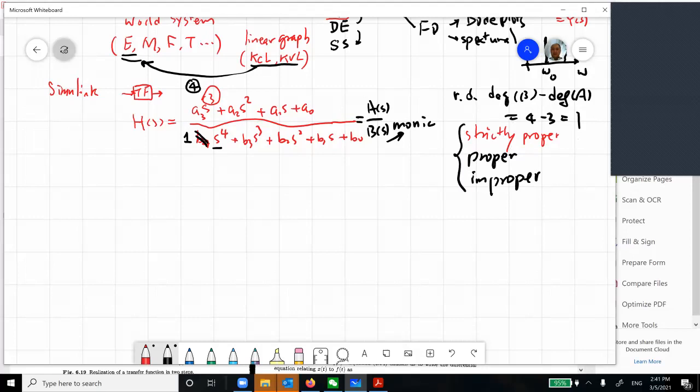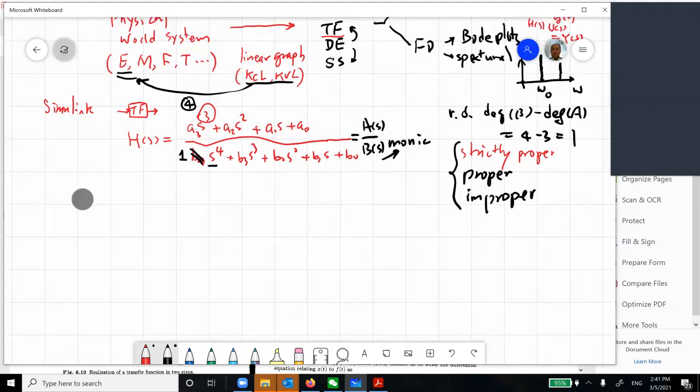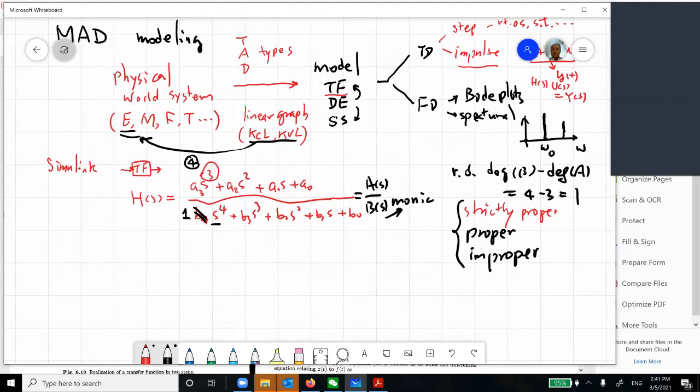So I have this transfer function. It's an abstract model for the real world. Behind this G(S), there is a real-world system running. Sometimes I cannot do the experiment on the real-world plant directly, so I have to do it using an emulator. I want to simulate it.